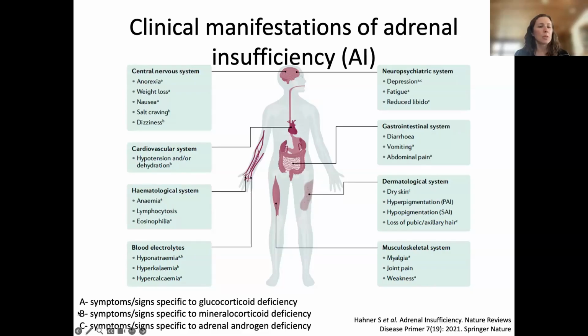The superscripts associated with some of the signs and symptoms pertain to whether they are specific to the glucocorticoid deficiency, the mineralocorticoid deficiency, or adrenal androgen deficiency. To highlight a few, AI commonly presents with anorexia, weight loss, nausea, salt craving, and dizziness, of which the salt craving and dizziness are more specific to the mineralocorticoid deficiency.